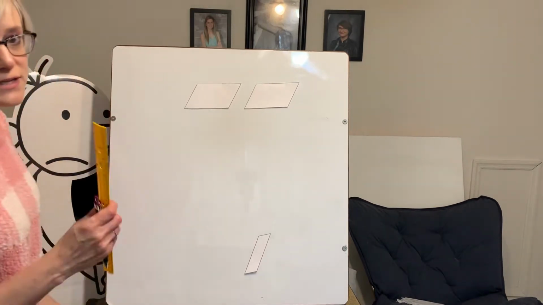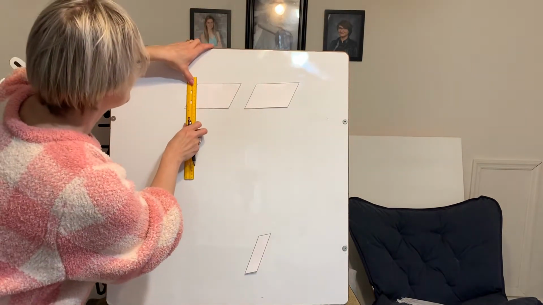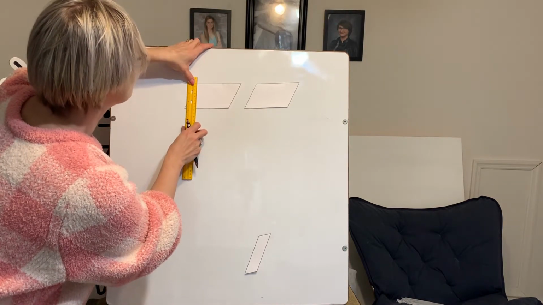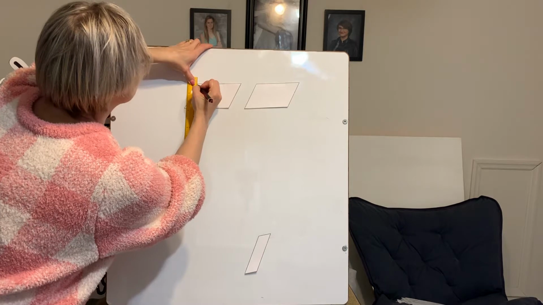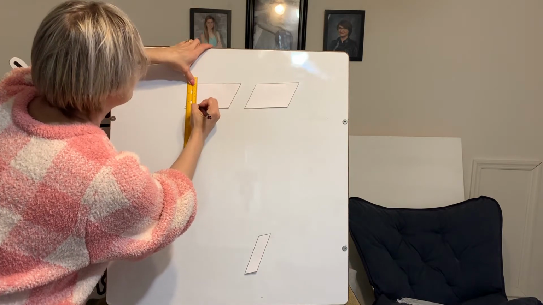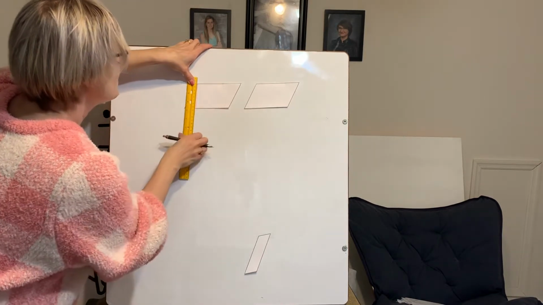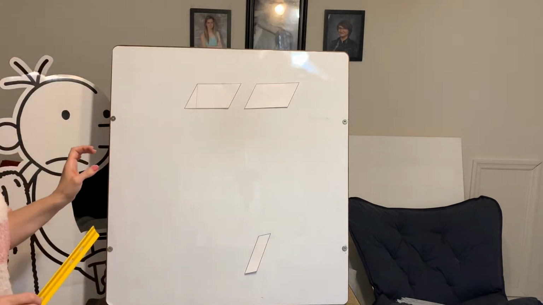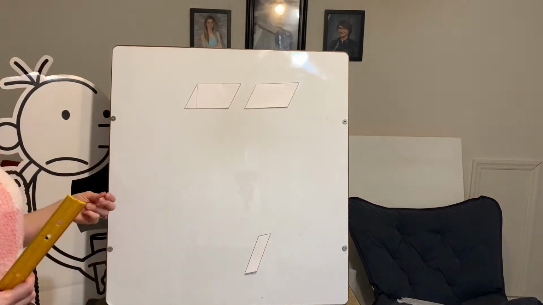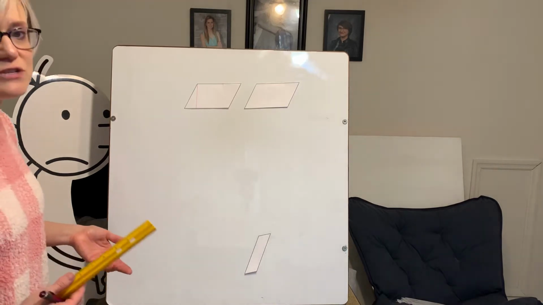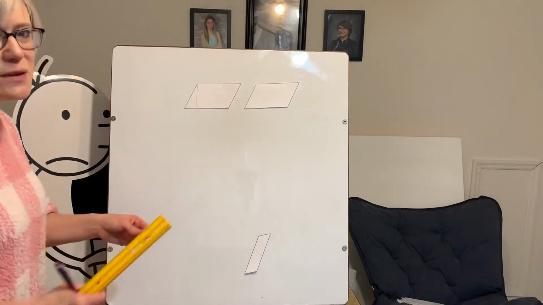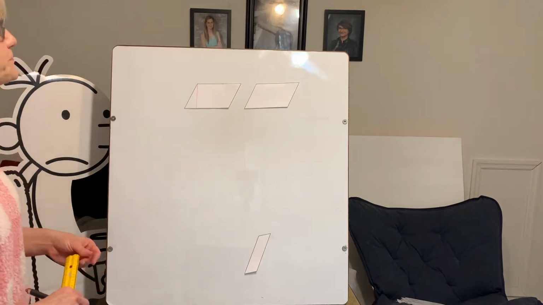So I'm going to need to have my straight edge, and later on you're going to need a ruler to actually do some measuring. If you don't have a ruler, it would be a little more difficult, but most people have a tape measure, or maybe you have a yardstick, so you could use either of those as measuring tools also. The tape measure might be a little more difficult.